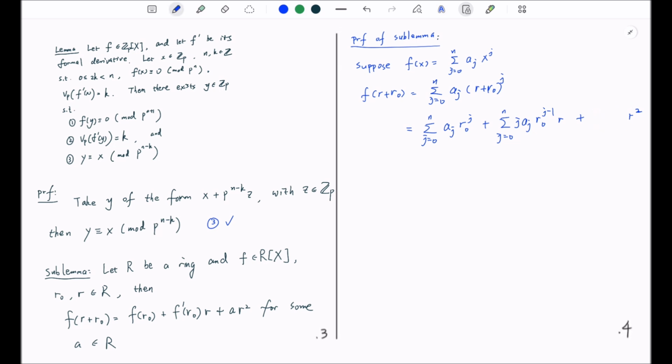So the rest will be something times r squared for some little a in R. And from here, we see that the first term is precisely F of R0. And for the second term, if you look at this part, this part is precisely F prime of R0, followed by an r.